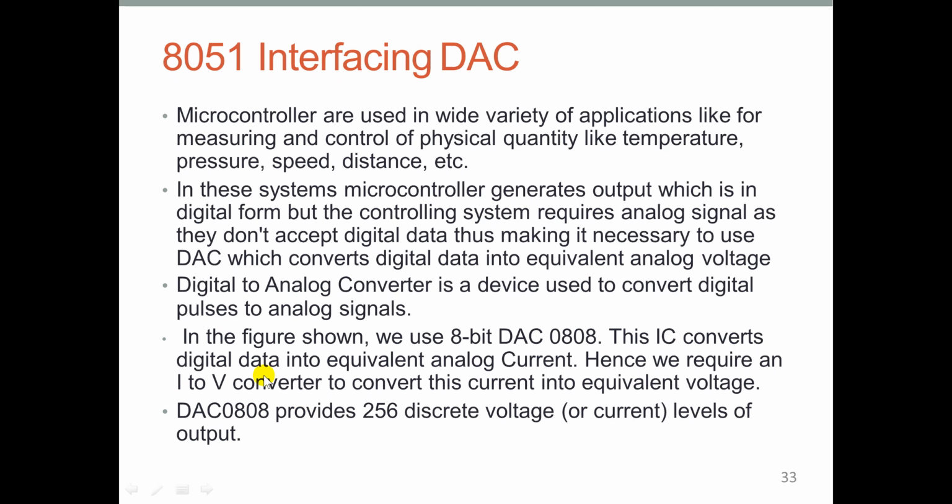So DAC 0808 provides 256 discrete voltage or current levels at the output. That means whatever digital data you feed, it converts into analog form.